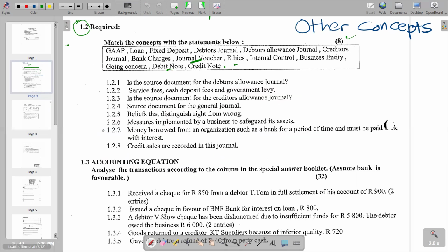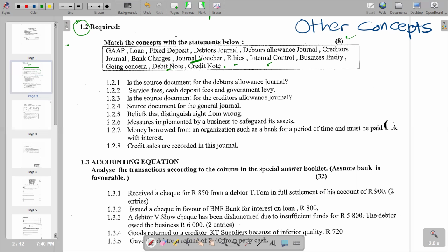As for the next one, 1.2.6, measures implemented by a business to safeguard its assets. We check which response can be correct, and we see that the correct response is internal control, and we have internal control here. A further explanation of internal control is that it is a means by which an organization's resources are directed, monitored, and measured.